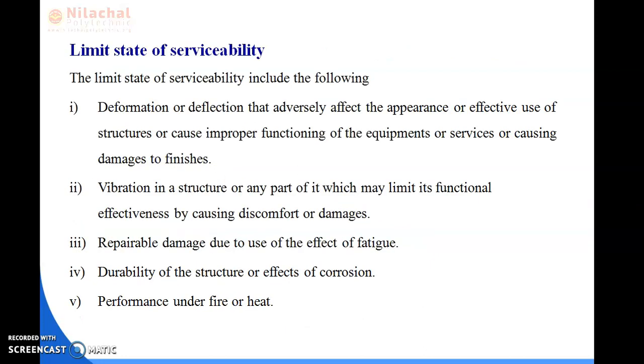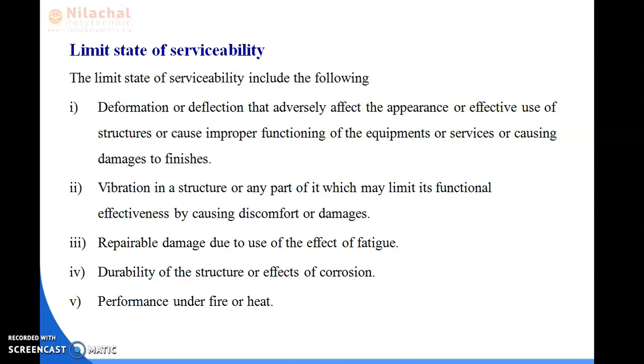Then next is the limit state of serviceability. The limit state of serviceability includes the following criteria. The first one is deformation or deflection that adversely affects the appearance or effective use of the structure, or causes improper functioning of the equipment or services, or causes damage to finishes.